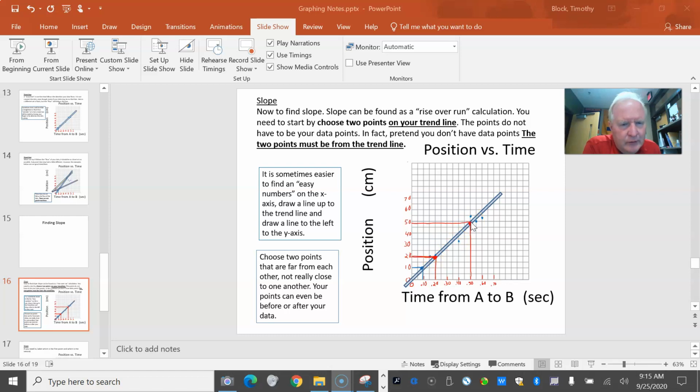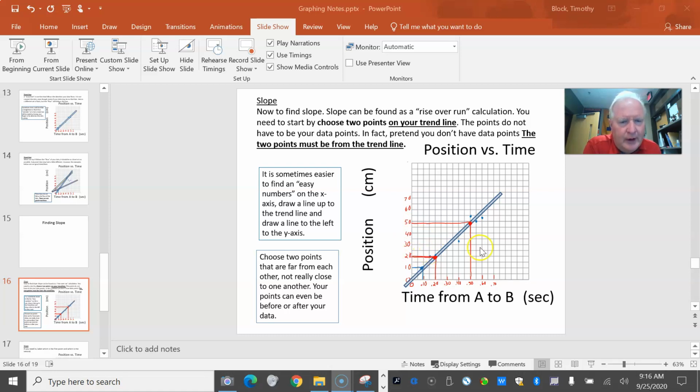It's pretty close. It's definitely on this grid line, and it's a bit off here. All right. From that point forward, you can use y2 minus y1. So y2 is right here, y1 is right here, divided by x2 right here minus x1 right here. Okay, that's one of the ways to find slope.